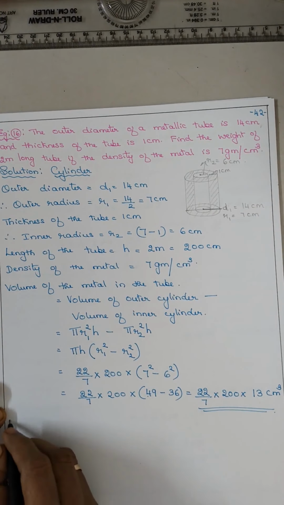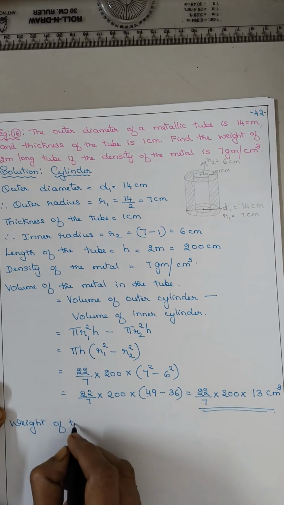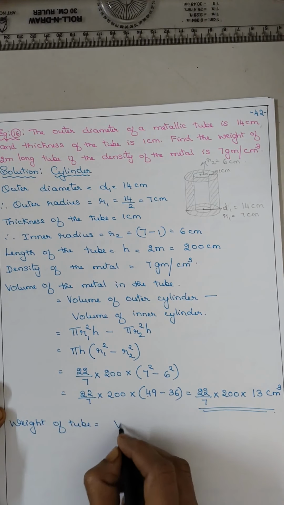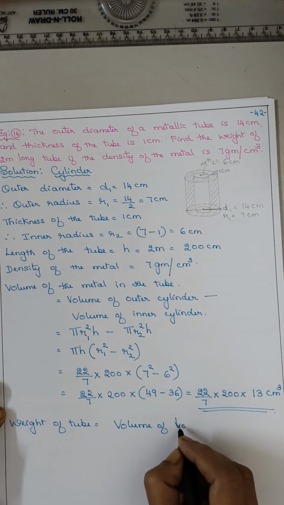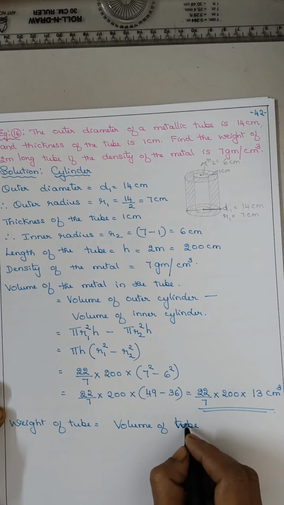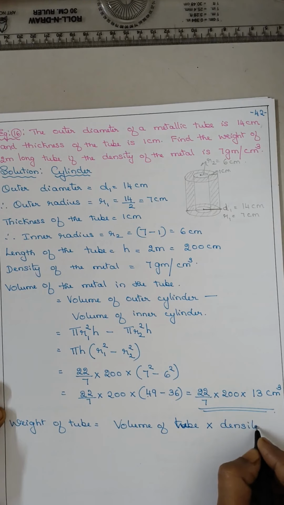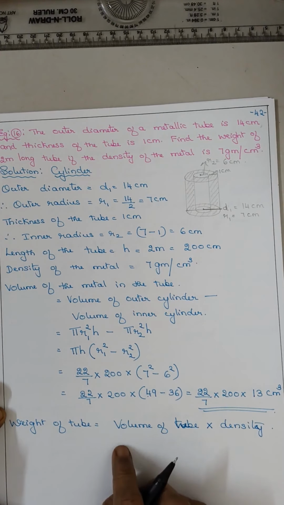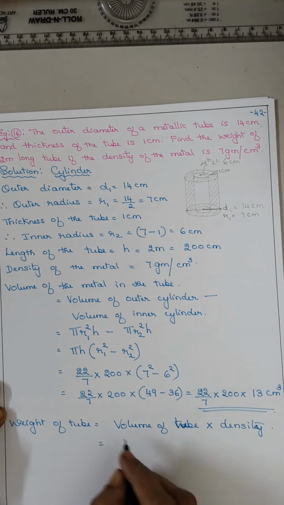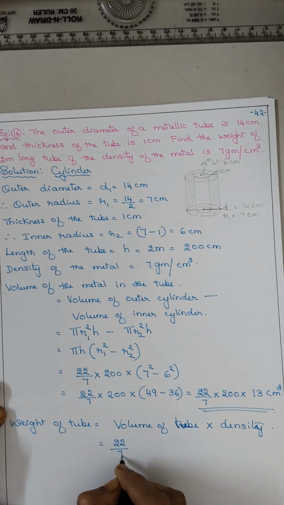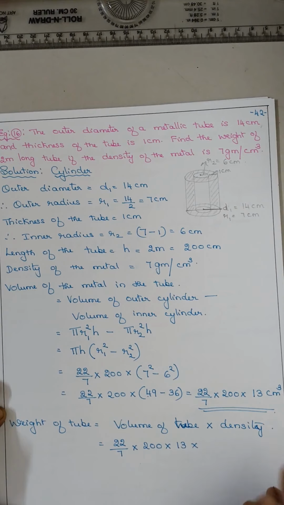So write, weight of the tube is equal to, first the volume of the tube into density. Remember, weight of the tube is equal to volume of the tube into density. Volume कितना मिला? 22 by 7, 200 into 13.